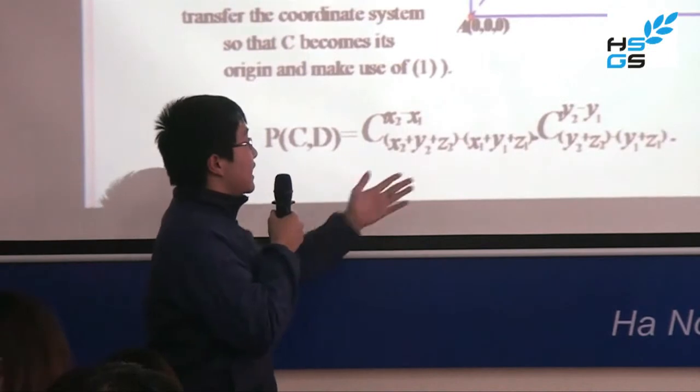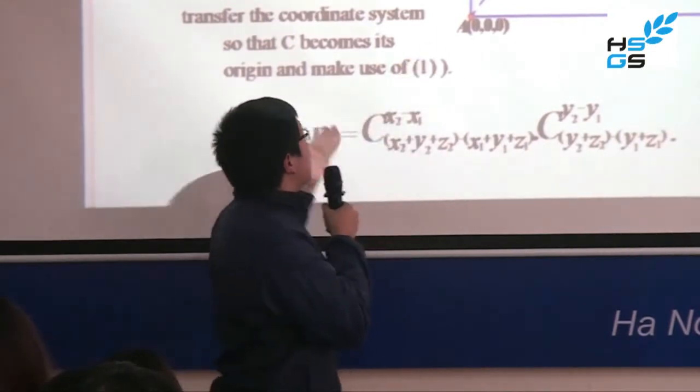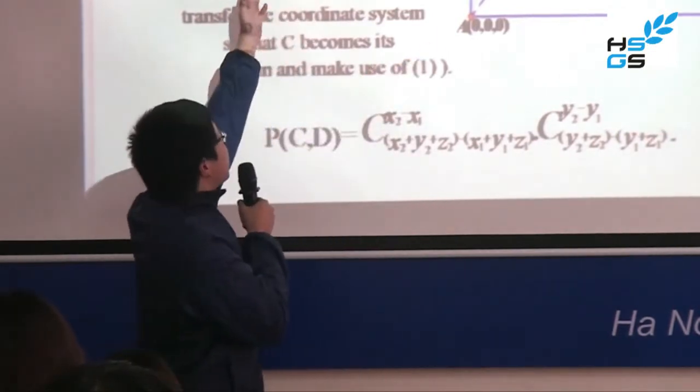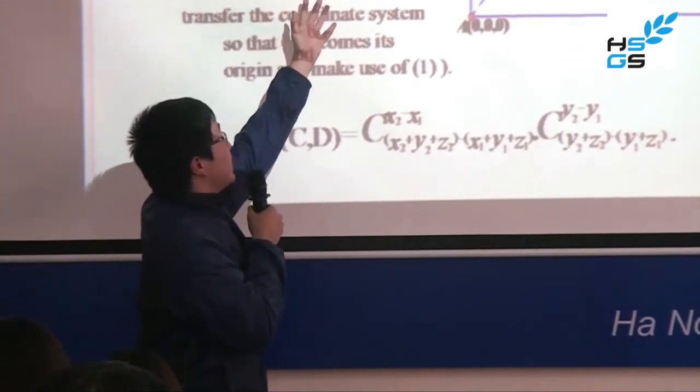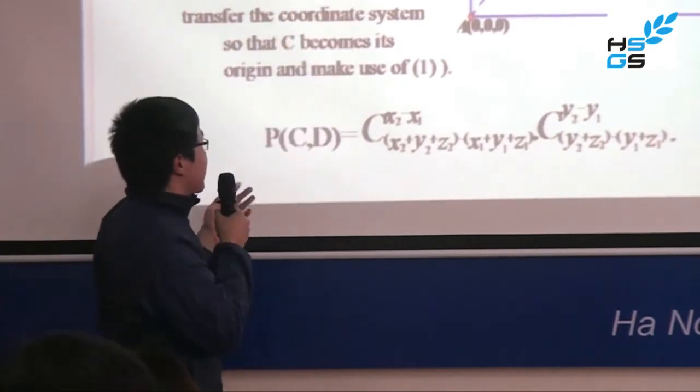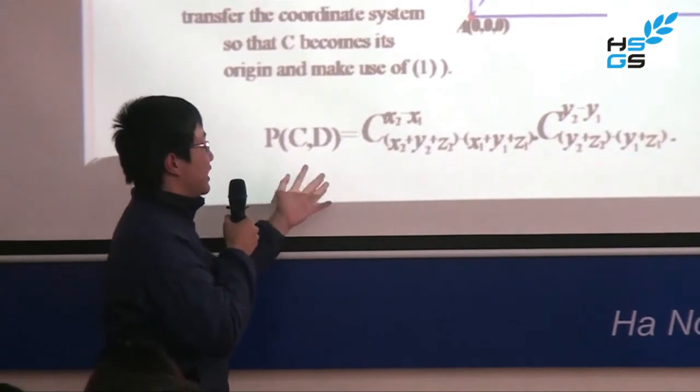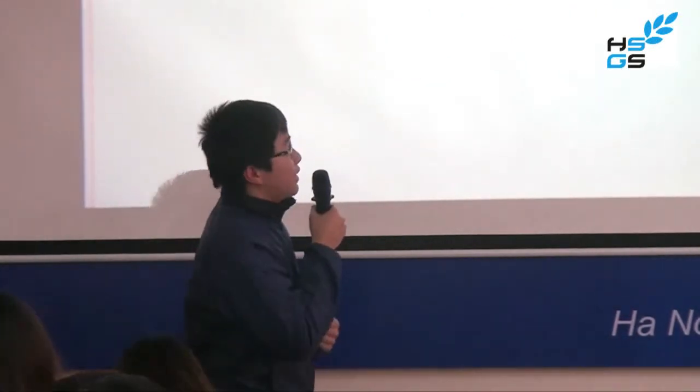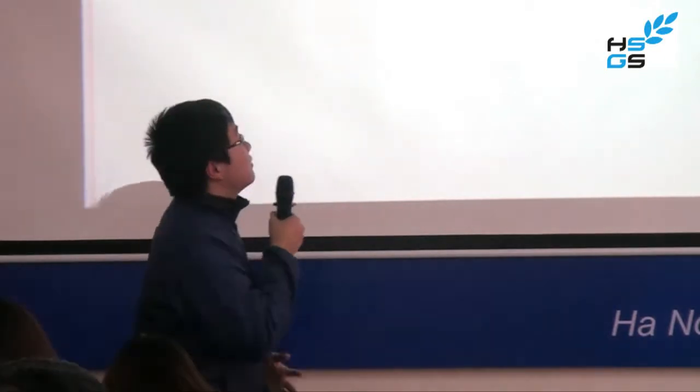And if we translate these coordinates to C and B to these coordinates, we obtain the number of ways from C to D as this amount. Okay, keeping that in mind, we arrive at the first equality.